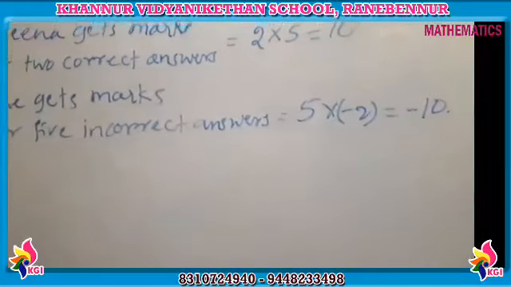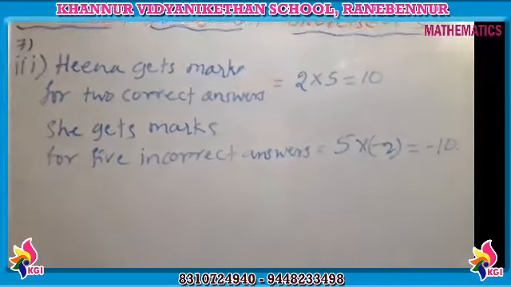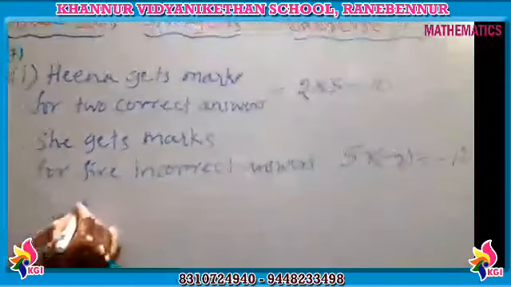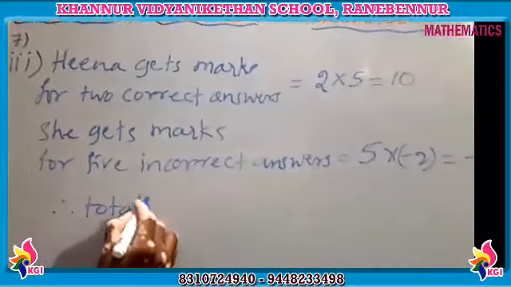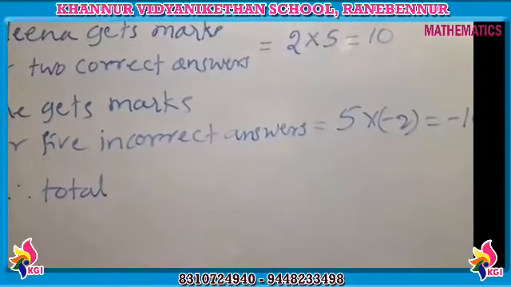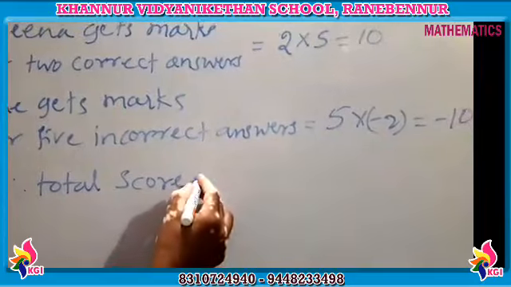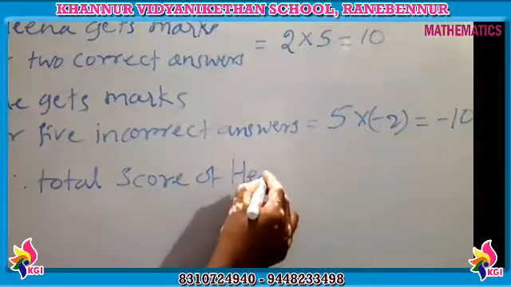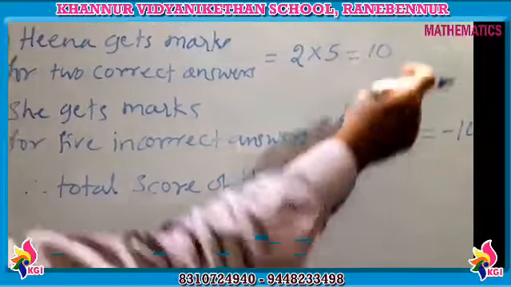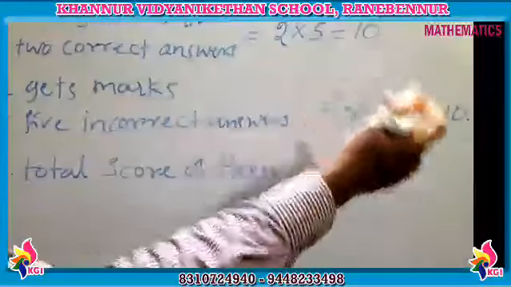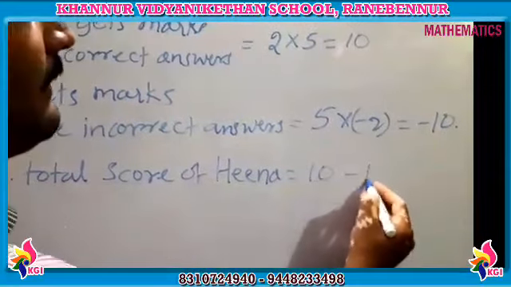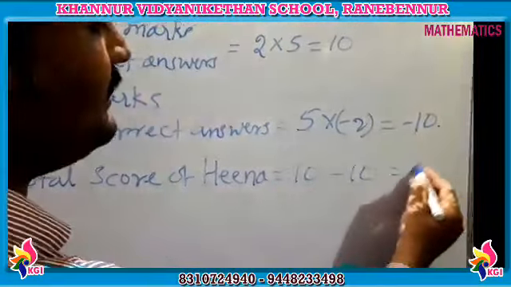So therefore the total marks of Hina, the total score of Hina. How much is it, children? That is 10 minus 10. So 10 minus 10 gives how much, children? 0.